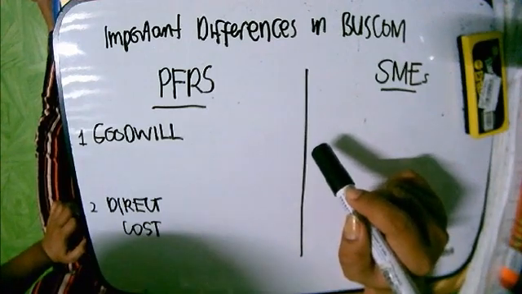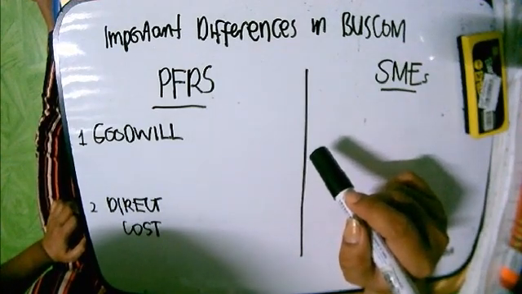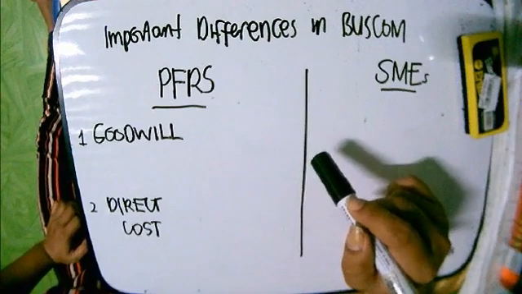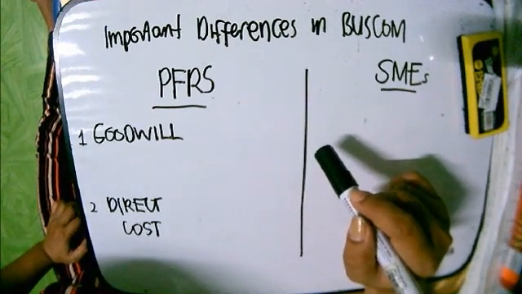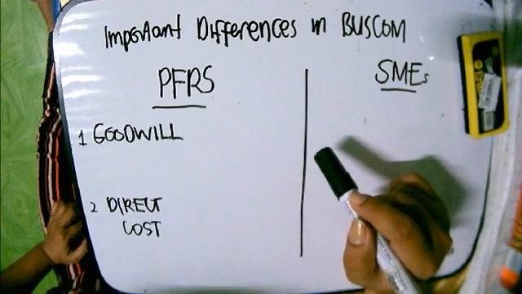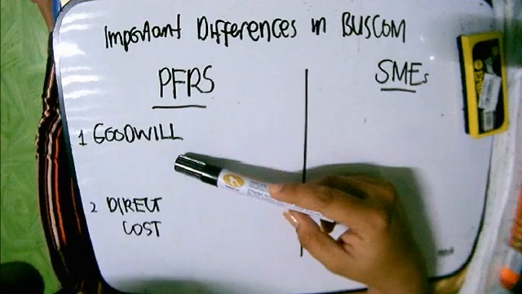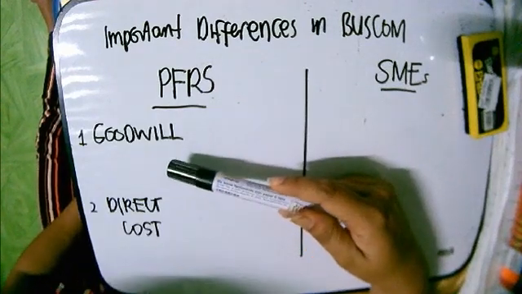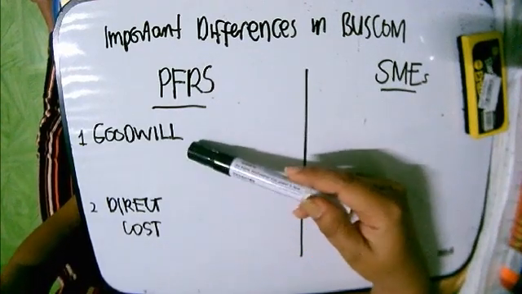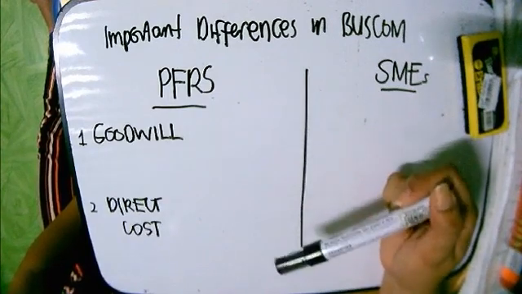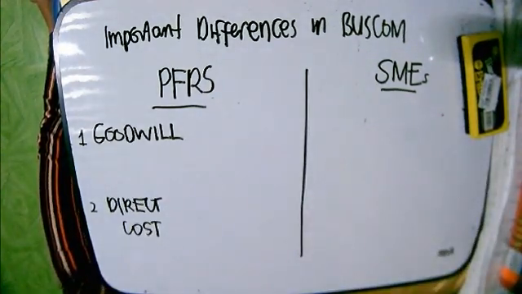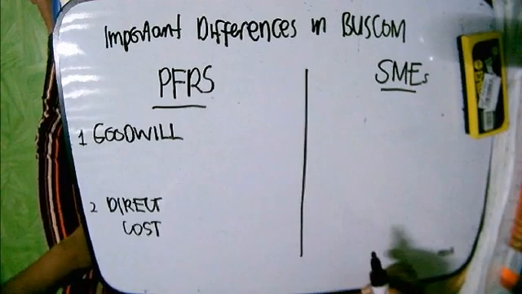But if there are indicators that the goodwill is being impaired, subject siya or tested siya for impairment. Again, goodwill is tested for impairment, but it is not amortized.